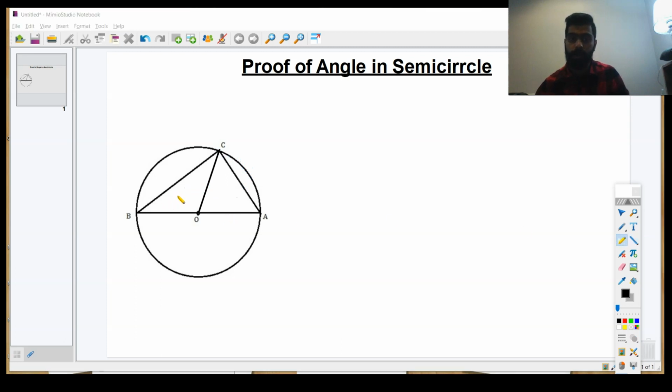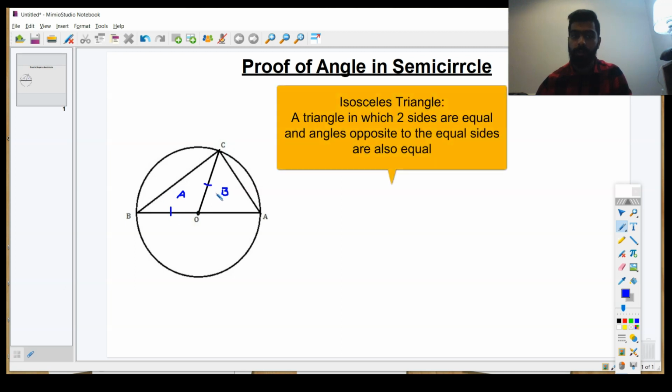Let me call this triangle A and triangle B. Now, if you take a look at this, O is the center. That means OC would be the radius and OB would be the radius. So our triangle OCB is an isosceles triangle because two of the sides are equal, because all the radii in a circle are equal.